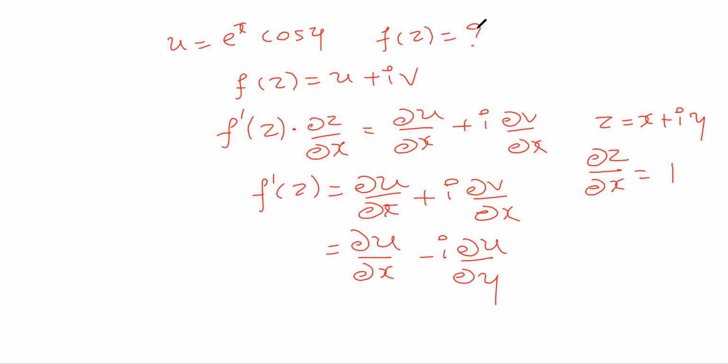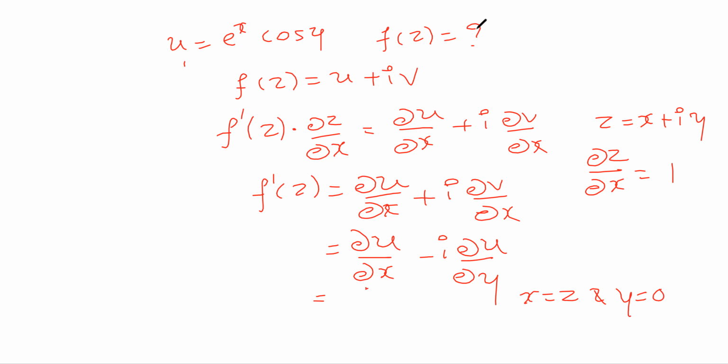Since we know the function u, we can find dou u by dou x as well as dou u by dou y. After finding them, you have to put x equals z and y equals 0, and then integrate with respect to z.